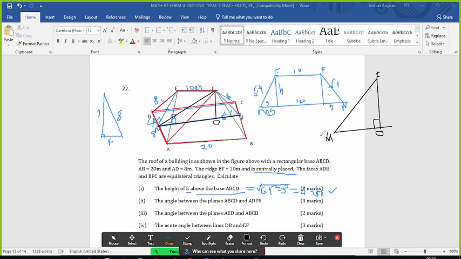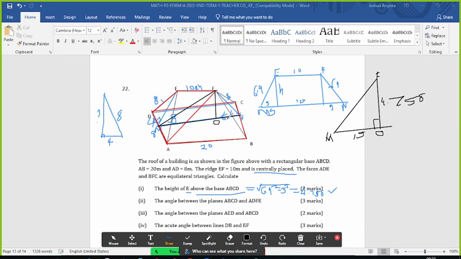Let me now extract the heights. FO, it is the same as the height we were looking for. This is 4.758. From M to O, it is 15. Why 15?